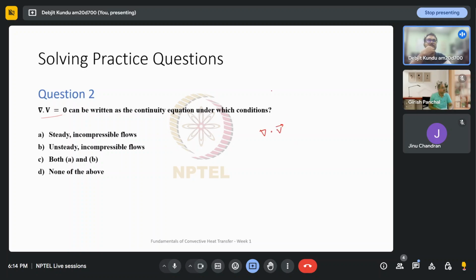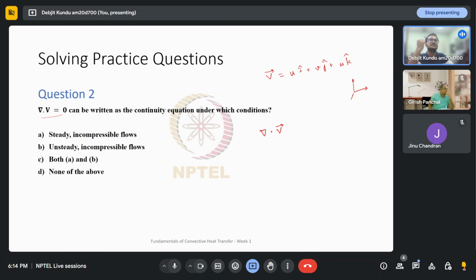So V is a vector. Let me define this first. The vector V is nothing but the velocity vector of the fluid, which can be written like this: u i cap plus v j cap plus w k cap. So i, j, and k are the unit vectors along the three normal directions x, y, and z.